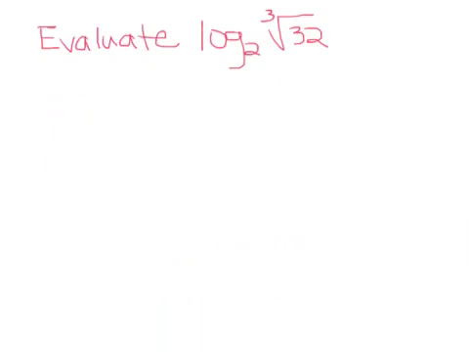In the last example, we were asked to evaluate log base 2 of the cube root of 32. And we went about solving that by rewriting the logarithmic expression in exponential form. Now, I want to go through an alternate method to solving this problem. In this alternate method, we do not rewrite the logarithmic expression in exponential form. But what we rather do is we will rewrite 32 as 2 to the 5th, right?